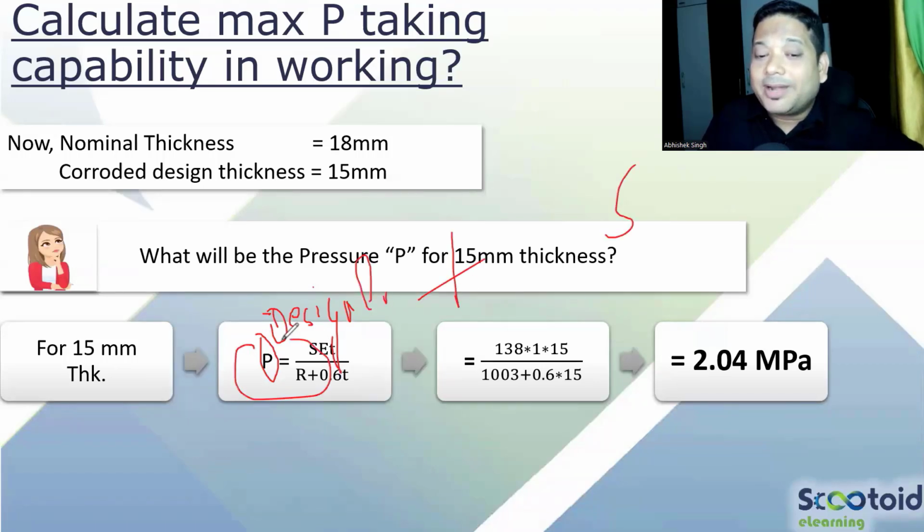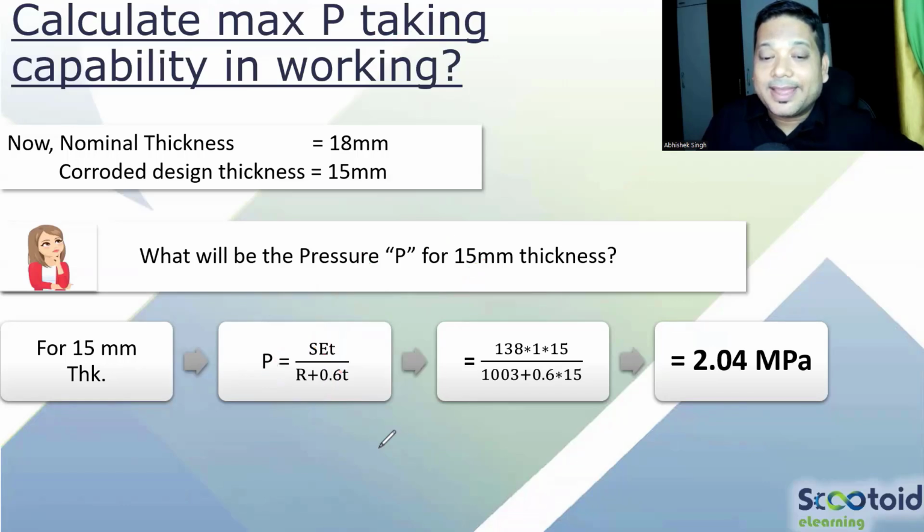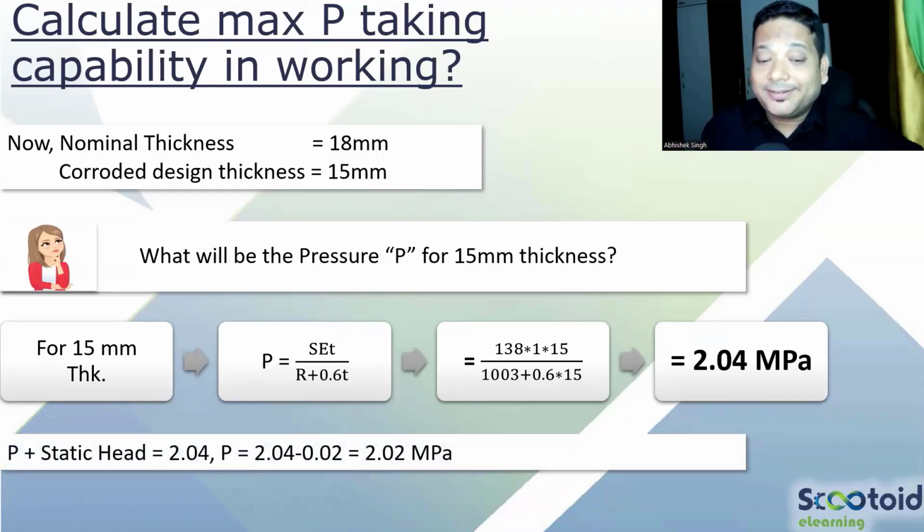So whatever P you are getting, I'm calculating P, right? This P, instead of calling it a pressure, if you're just writing it as design pressure plus static head, it is 2.04.